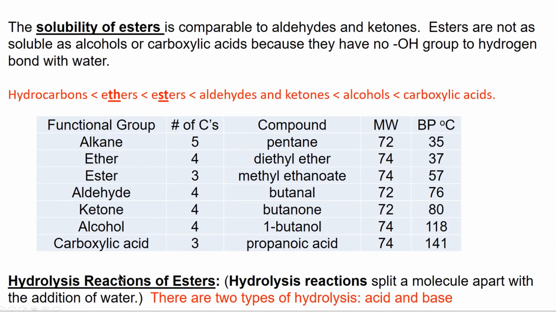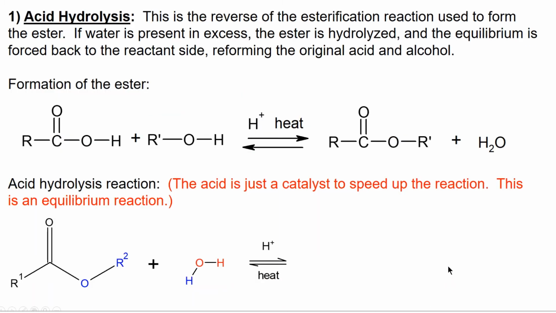All right, so reactions, hydrolysis reactions of esters. There are 2 different kinds, so 2 different ways where we can split up that molecule. We've got acid hydrolysis and base hydrolysis. Okay, number 1, acid hydrolysis.